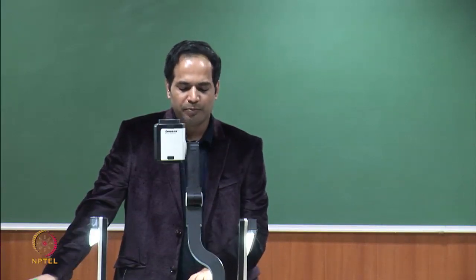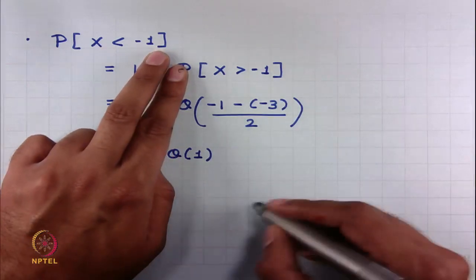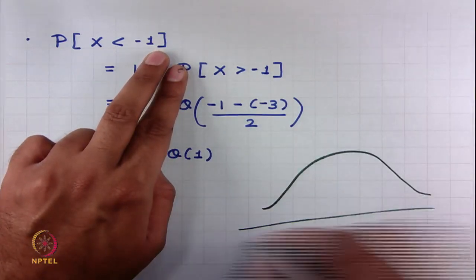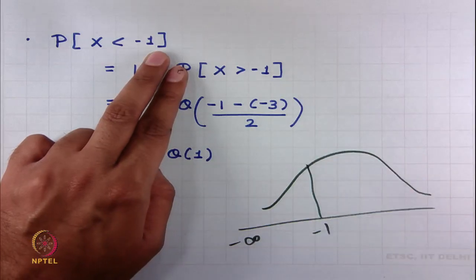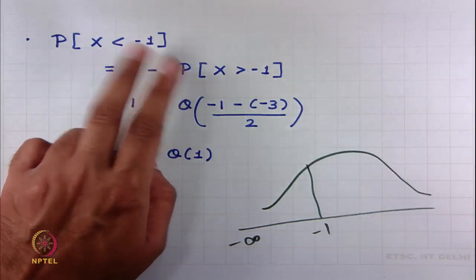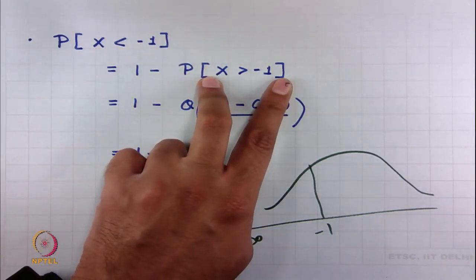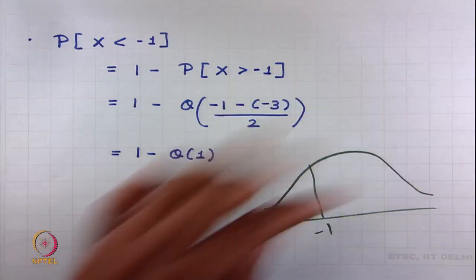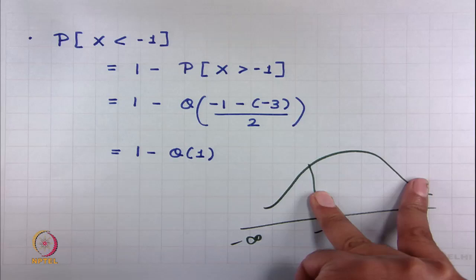Suppose we have to find the probability that x is less than minus 1. So, we are looking at x lying between minus infinity and minus 1, and this will be 1 minus the probability of x greater than minus 1, because the total area is 1. If you have to think about this part, you can think of it in terms of this other part.